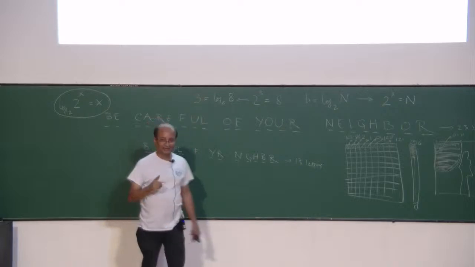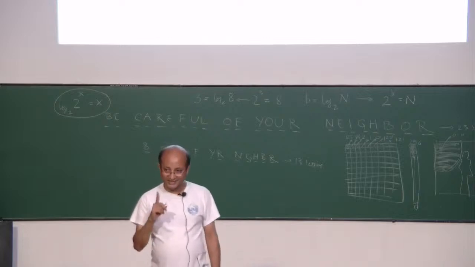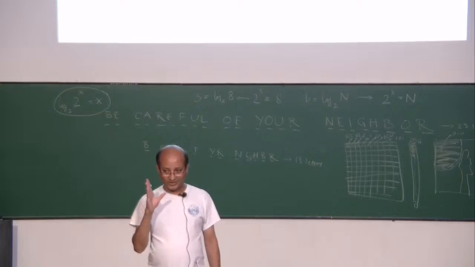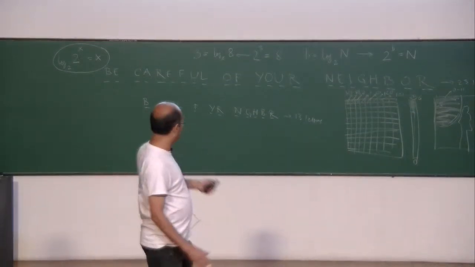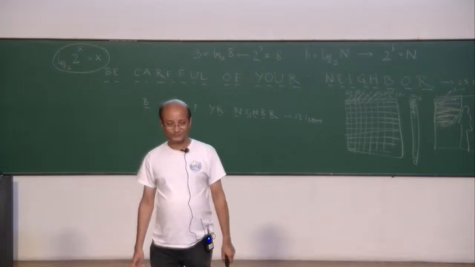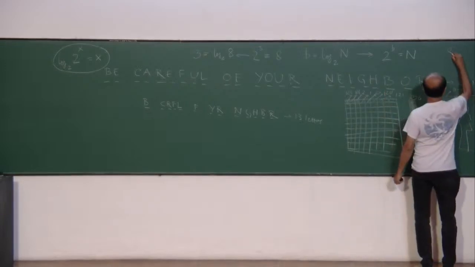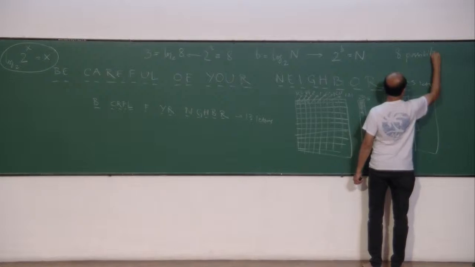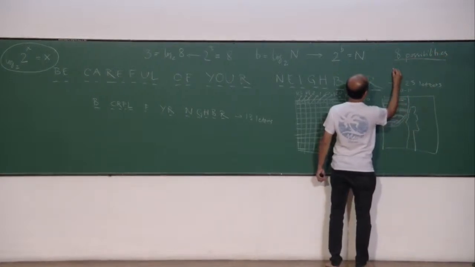Now, if this is difficult, just think in this way. How many yes-no questions do you need to ask in order to distinguish between n possibilities? So let's say there are 8 possibilities. For example, the outcome of 3 coin tosses.